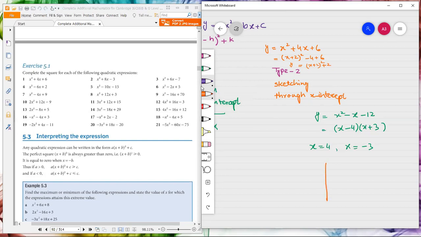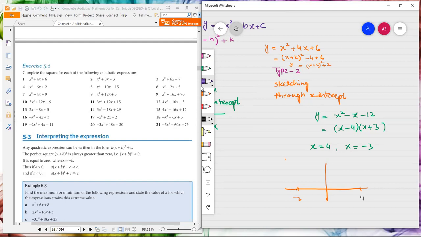So look, minus 3 here and 4 here. The vertex of this graph should be in between minus 3 and 4, equally lying at half of this distance.